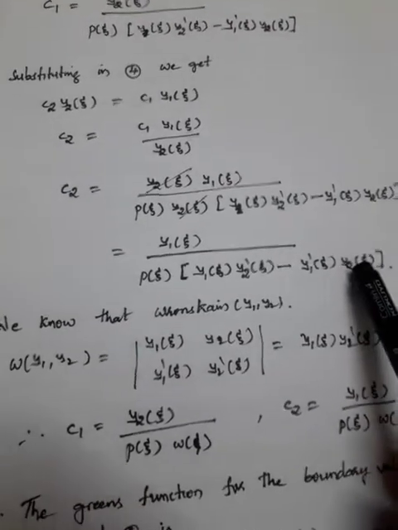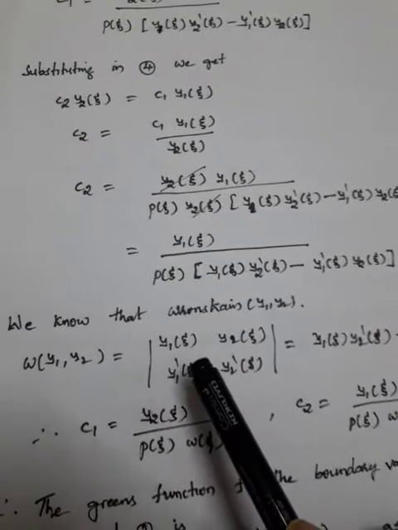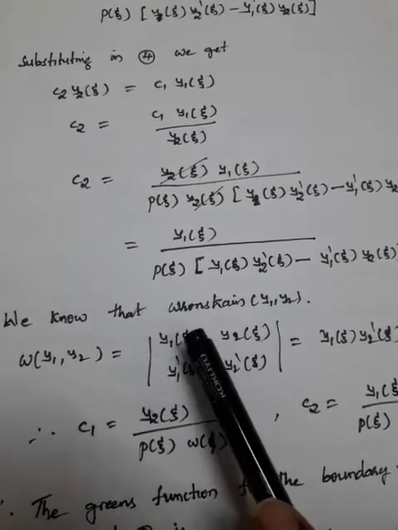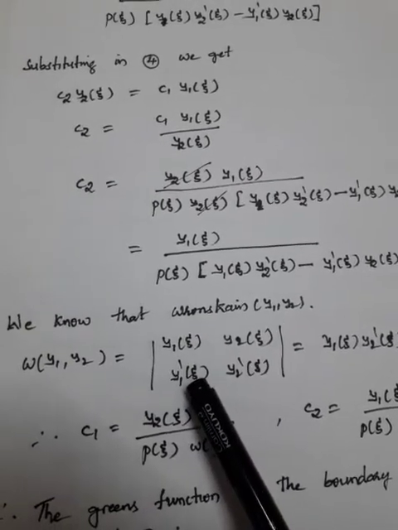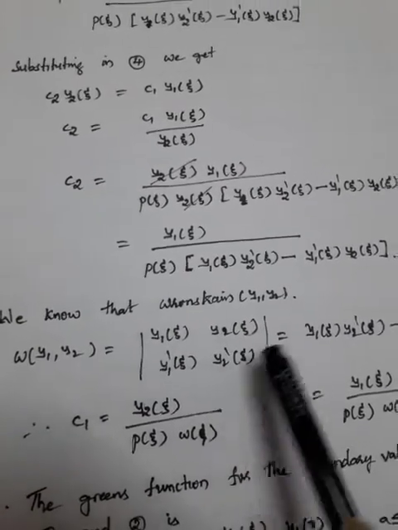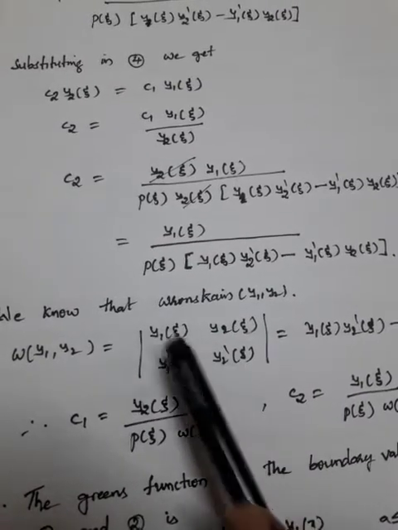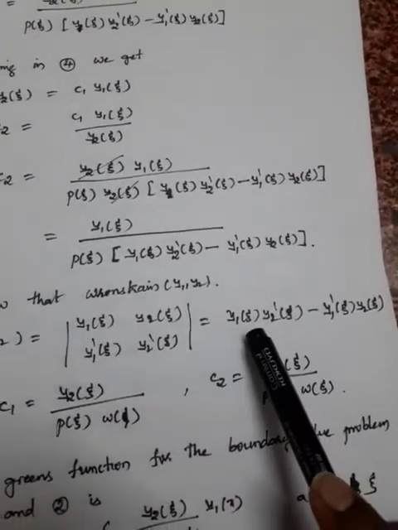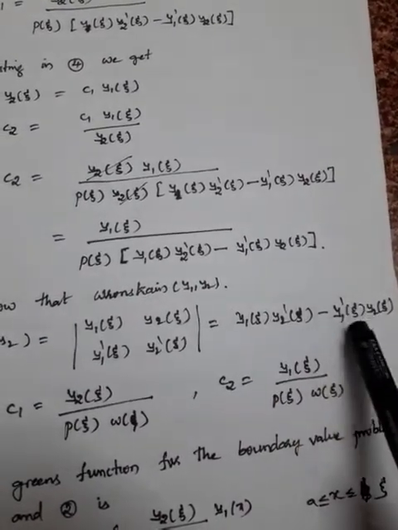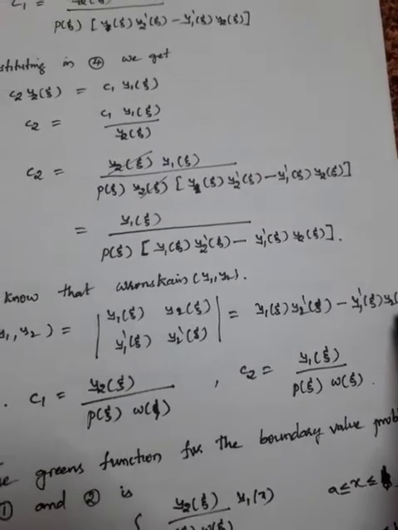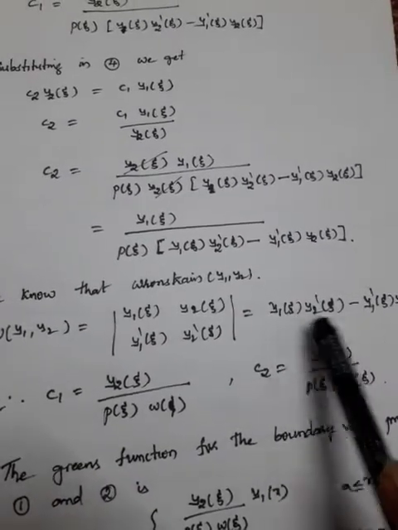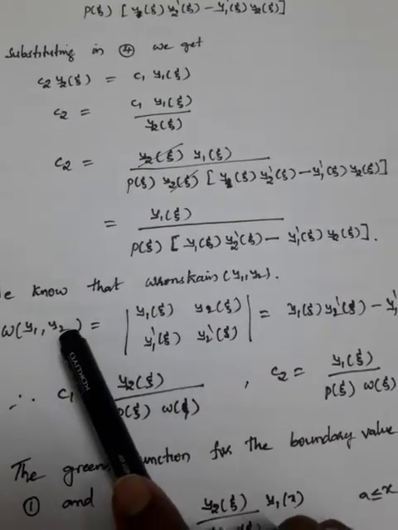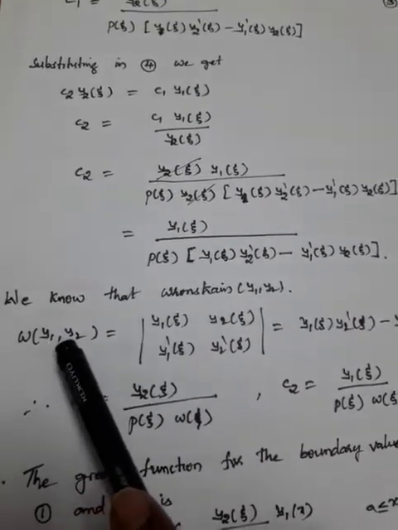By the Wronskian determinant, we know that W of y1 comma y2 is the determinant with rows y1 of ξ, y2 of ξ and y1 dash of ξ, y2 dash of ξ. Multiplying this one to this and this one to this, we get y1 of ξ y2 dash of ξ minus y1 dash of ξ y2 of ξ. So this entire thing we can substitute as W of ξ, or W of y1 comma y2 at ξ.